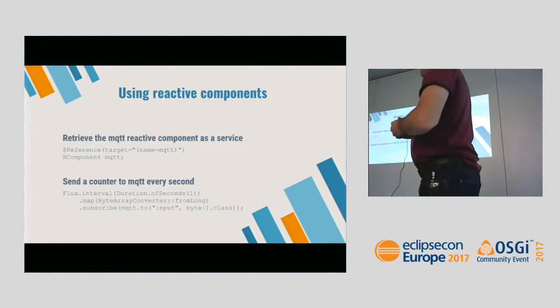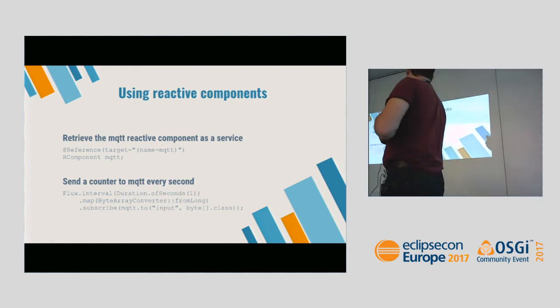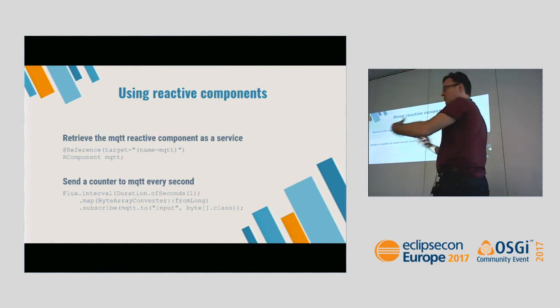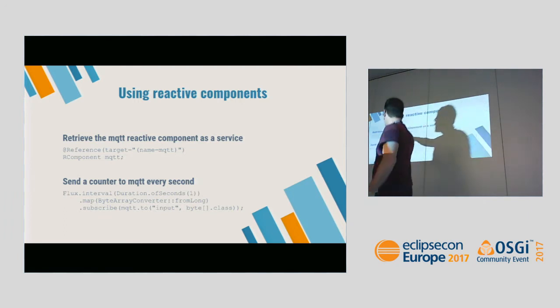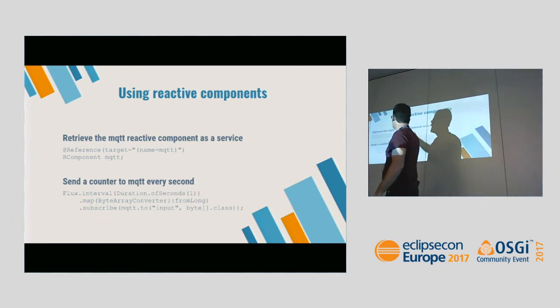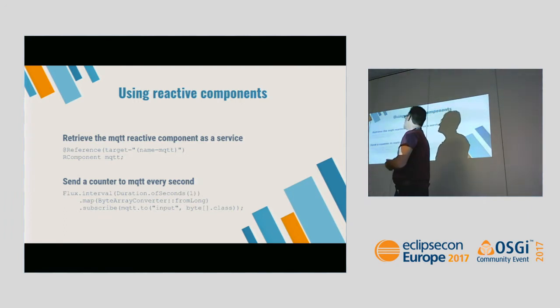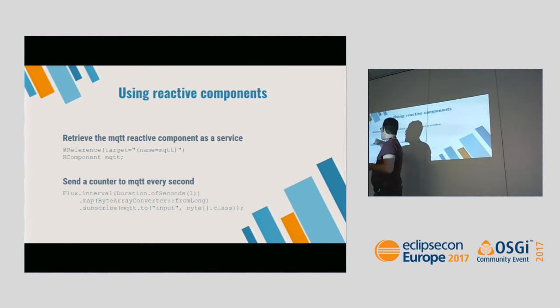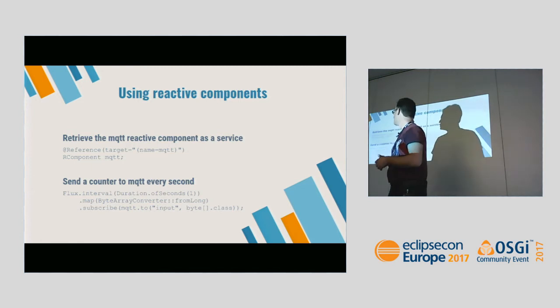And this is the way to use that in your declarative service component that you write yourself. You just put a reference and filter for the name, or whatever properties this component will maybe also publish, and then you can just use it.